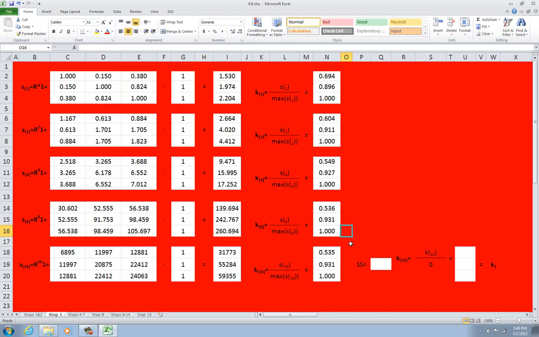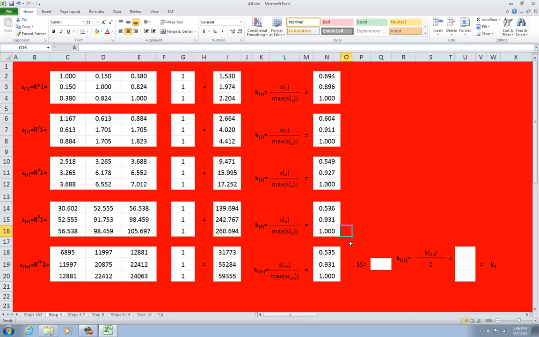We can see that k sub 8 and k sub 16, the last two trial eigenvectors, agree to 3-place accuracy, pretty much. So the trial eigenvector k sub 16, we will normalize to 1, and that will become the true eigenvector k1. The magnitude of a vector is the square root of its sum of squares.